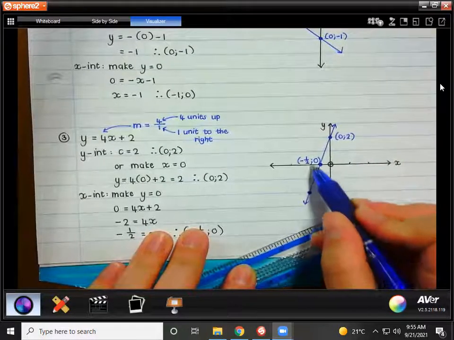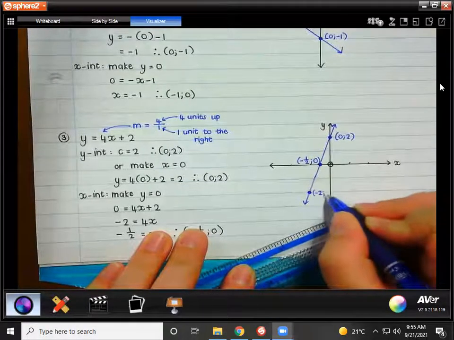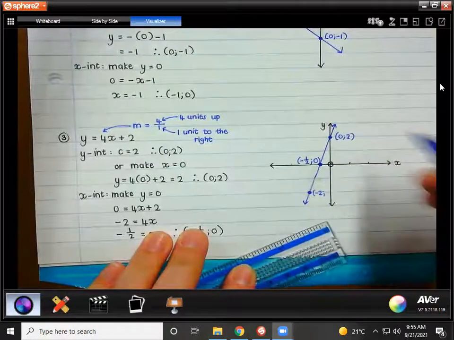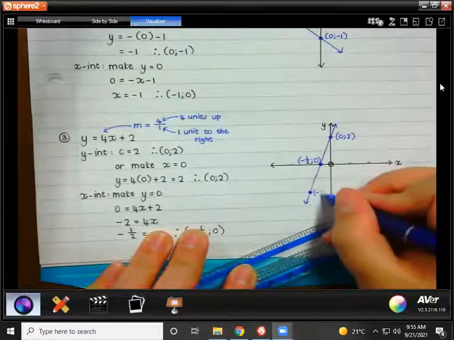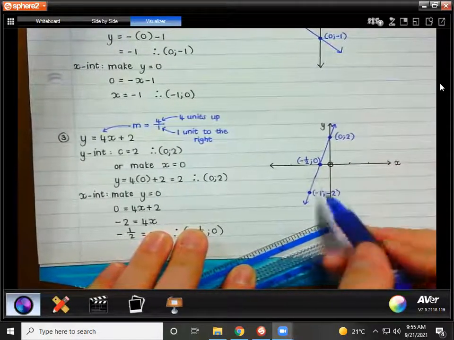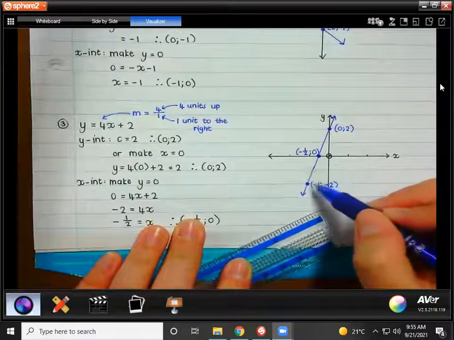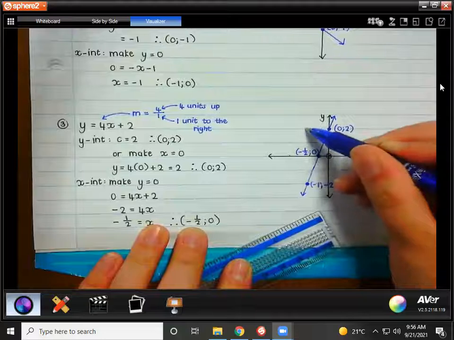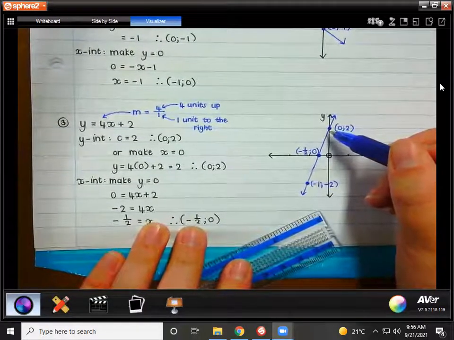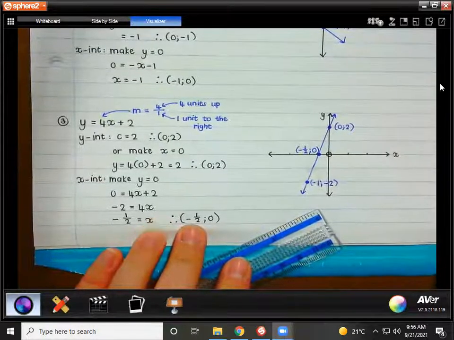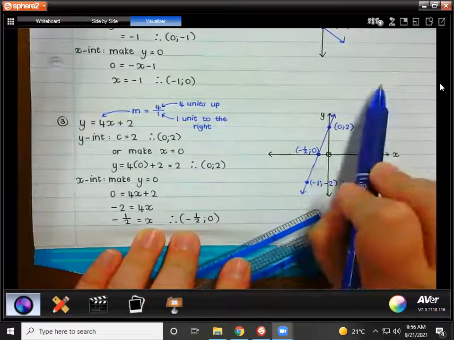This is the point, if I read it off on my graph, it's -1 on my x-axis and -2 on my y-axis. I'm just seeing that it's in line with -1 and it's in line with -2 there. So we're saying that from here, we're supposed to go 1, 2, 3, 4 units up, right? And then 1 to the right. Do we see that we get to another point that's on the line? Okay, and it should always happen like that, guys, if that is your gradient. Again, it's a positive gradient, so do we see that the line is increasing?